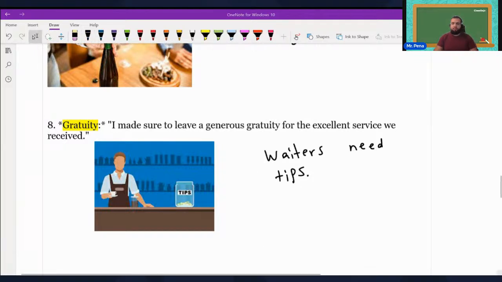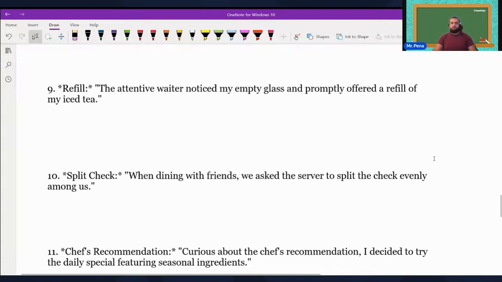That's going to be our simple sentence. Now for the large one, I made sure to leave a generous gratuity for the excellent service. You pay a tip when you have excellent service from the waiter.